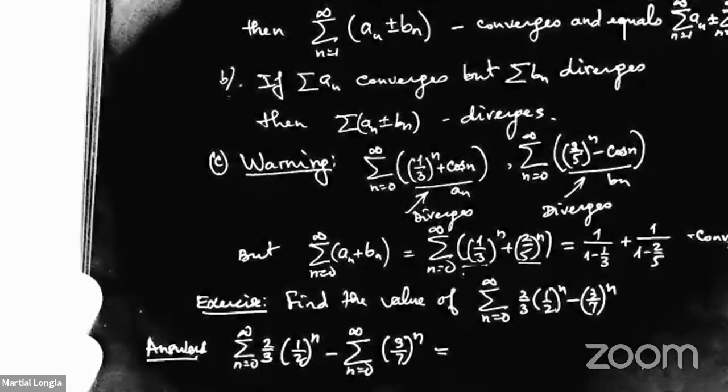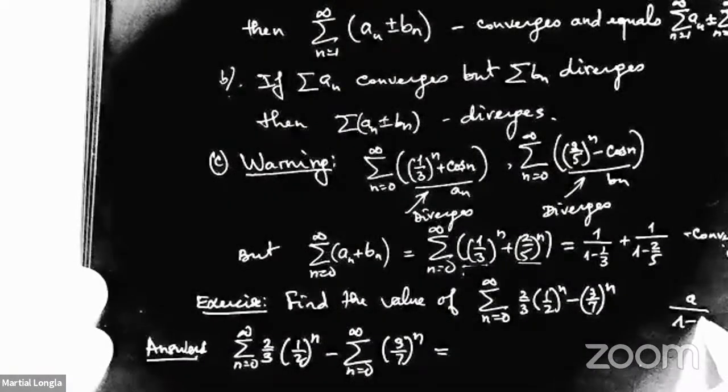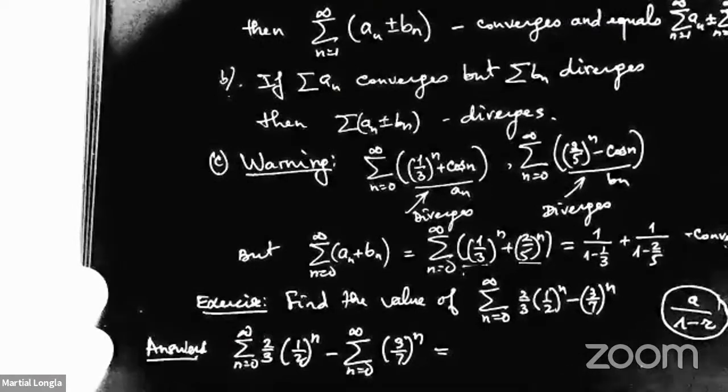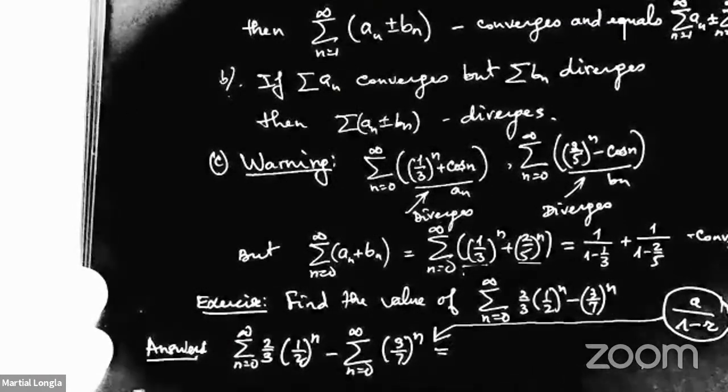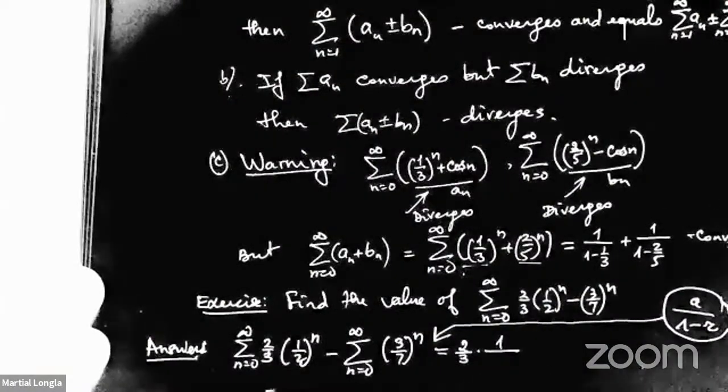Then what next? Then I substitute in a over 1 minus r for both of them. Correct. So that's the next thing that you're using. You know that each of those sums is equal to its own a over its own one minus its own r. So a here is what? 2/3. So that would be 2/3, and then 1 over 1 minus 1/2.